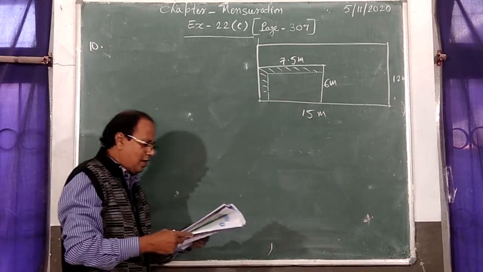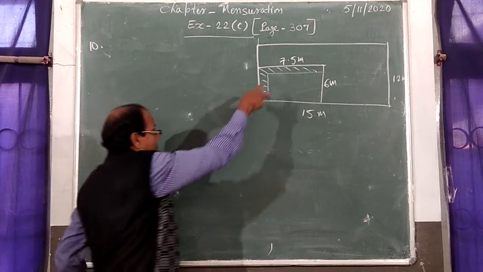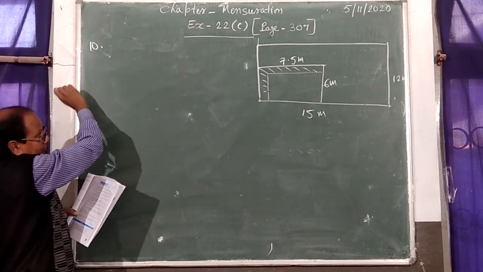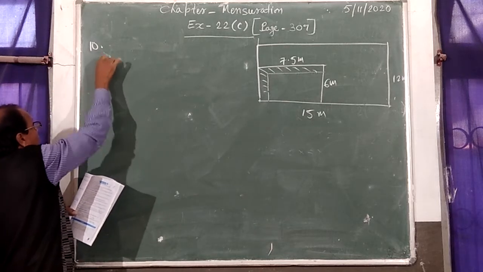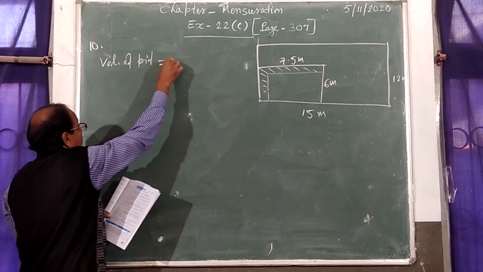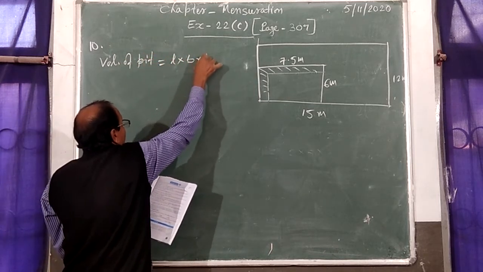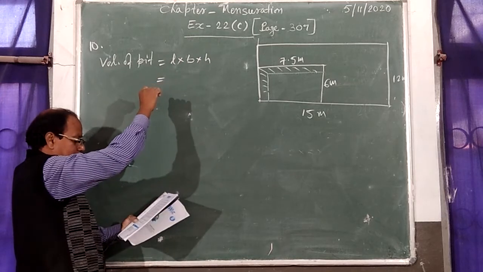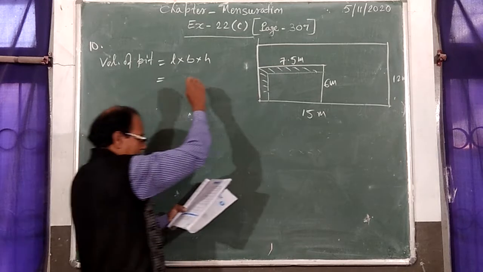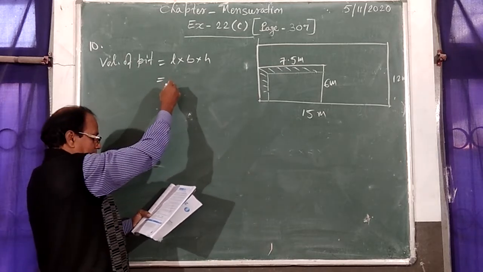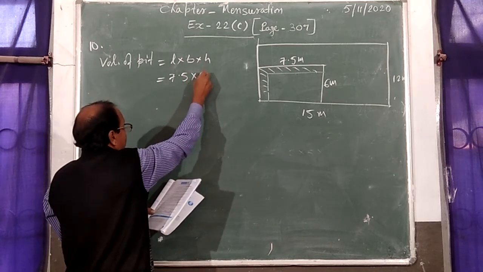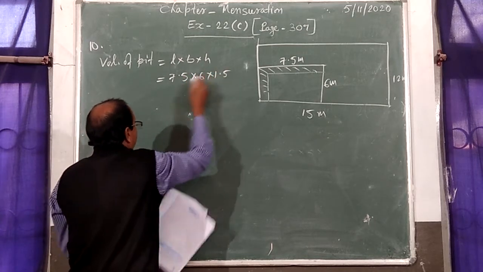Now, first we will find out the volume of the pit. Volume of pit equals length into breadth into height, equals 7.5 into 6 into 1.5.